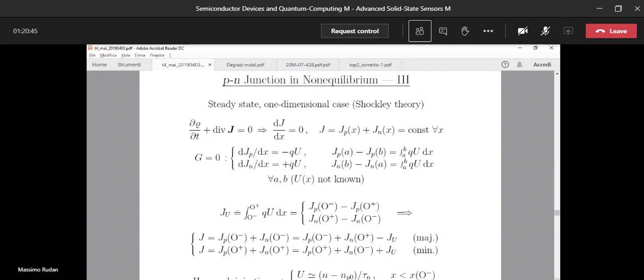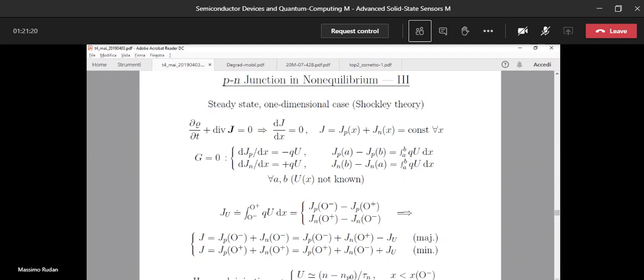Now we consider the continuity equations for electrons and holes separately. And we assume that there is only one type of generation recombination phenomena, that is the thermal ones. You remember the function that we call U, or U Shockley Reed Hall, okay? So we put all the other contributions to generation recombination to 0.